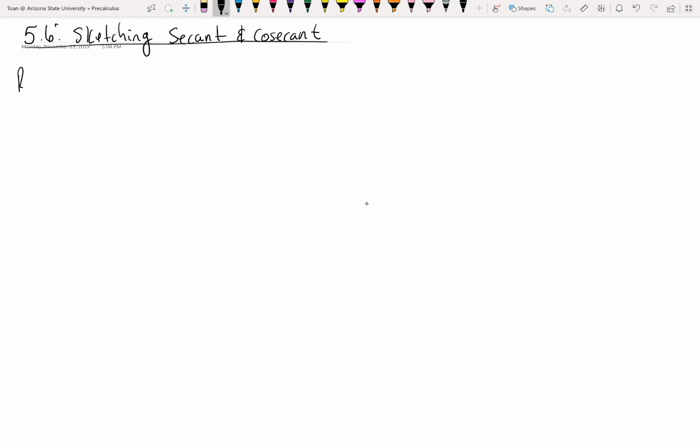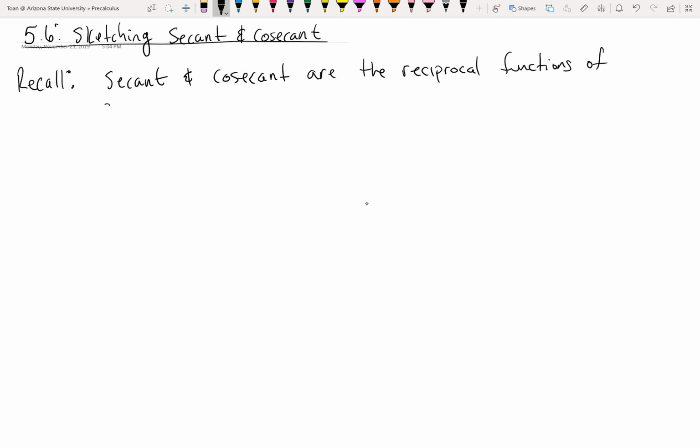Well, as we did with the tangent function, we will start off by talking about the definition of secant and cosecant. Recall that secant and cosecant, by definition, are the reciprocal functions of sine and cosine.